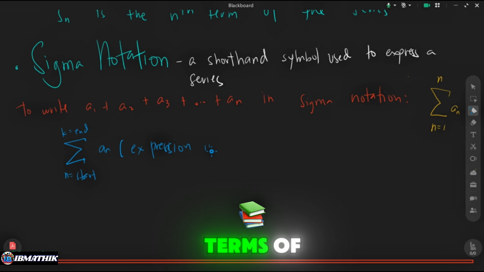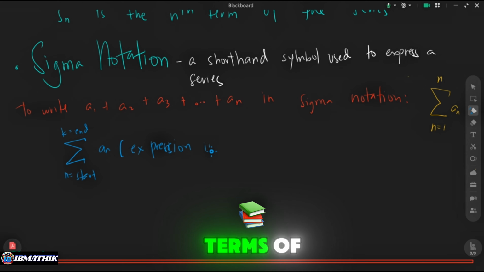So for example, we have a given of 1, 3, 5, 7, 9, and so on and so forth. Let's say that we are going to look for the fourth term, so your n will be 4.